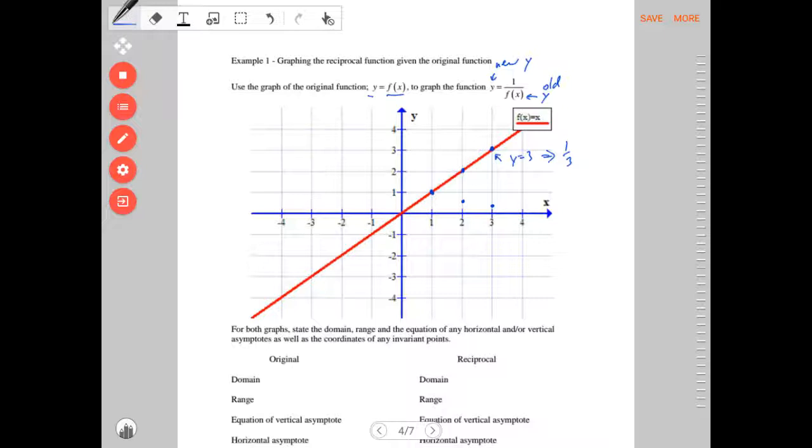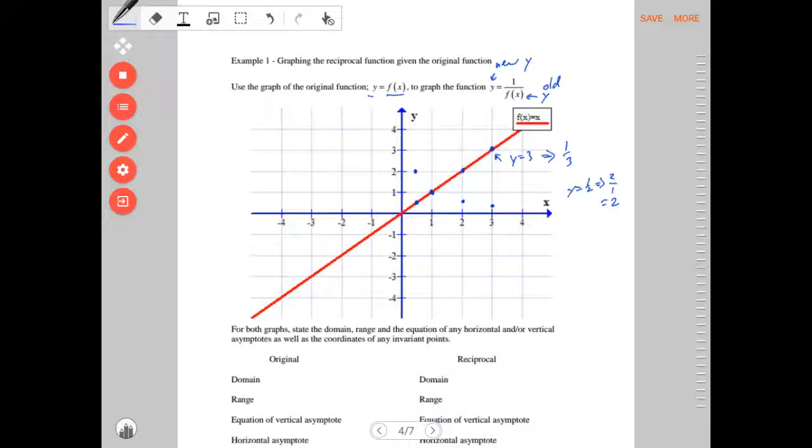Interesting. Now look, this is where it gets kind of weird. Look at the y value right there. It's 1/2, so the reciprocal of 1/2 is 2 over 1, or just 2. So at that point, the y value is 2.